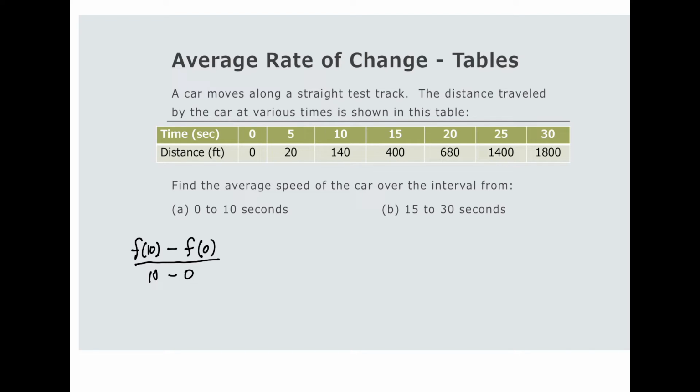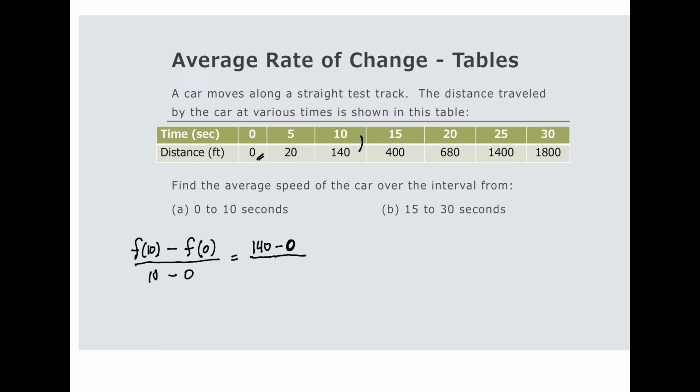So the f of 10 represents 10 as the input, and the f of 10 would be the output, the result. In this case, the distance traveled. At 10, we see that distance traveled is 140. So this would be 140 minus the f of 0. Well, the distance traveled at time 0 is 0. So we have a 0 there.